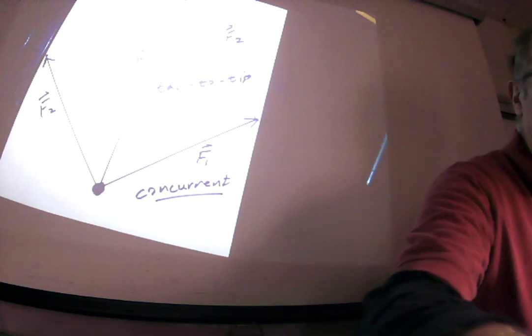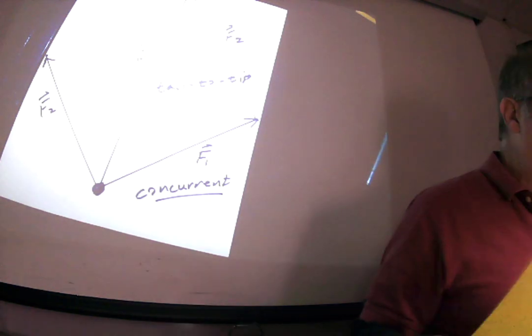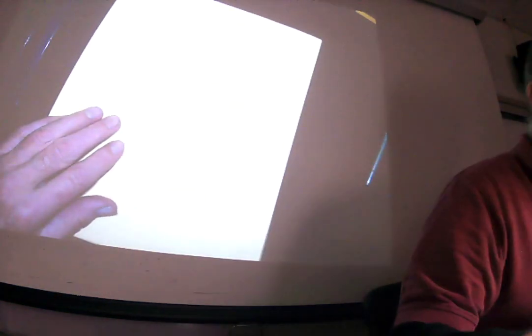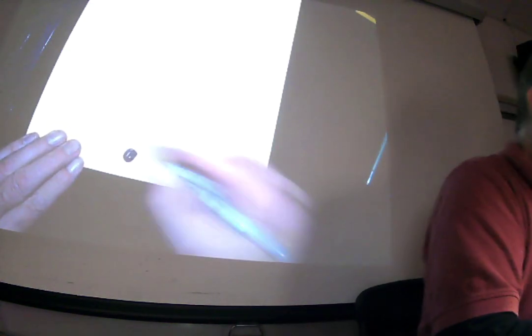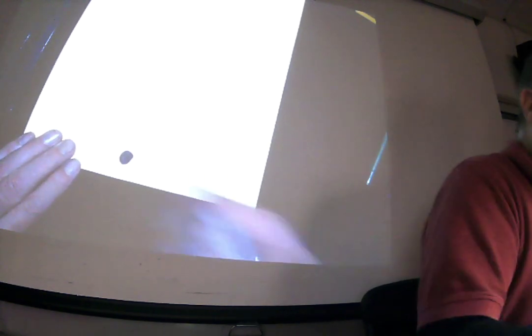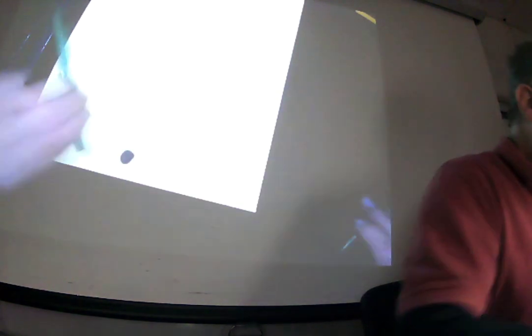All right, now I'm going to introduce another way to add vectors. Let's take the same situation where I have a point of concurrency right there, and I have two vectors, same way as before.